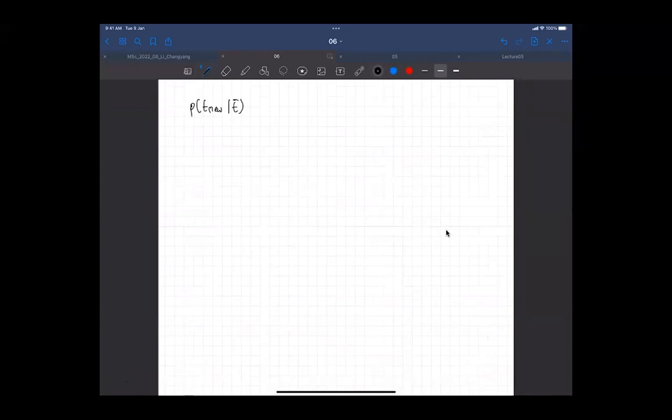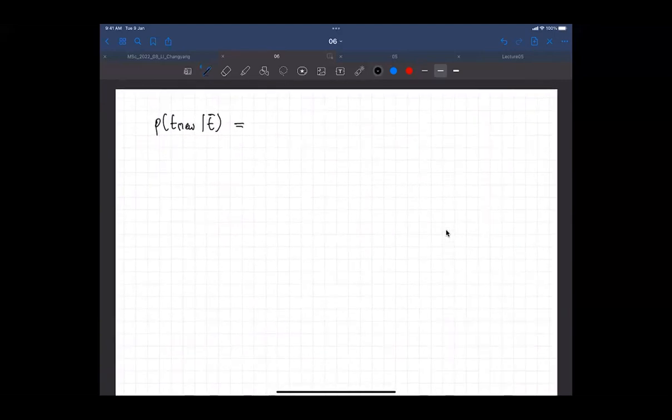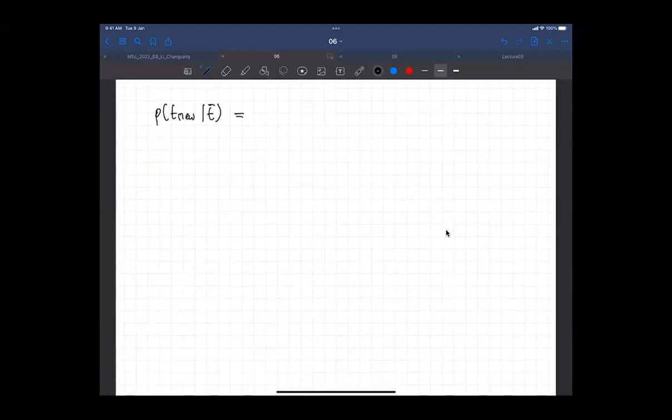As usual, we need to do something here as a first step. What will be the first step in predictive distribution? How can we expand it? If you want to expand this probability expression, how can we express this further?